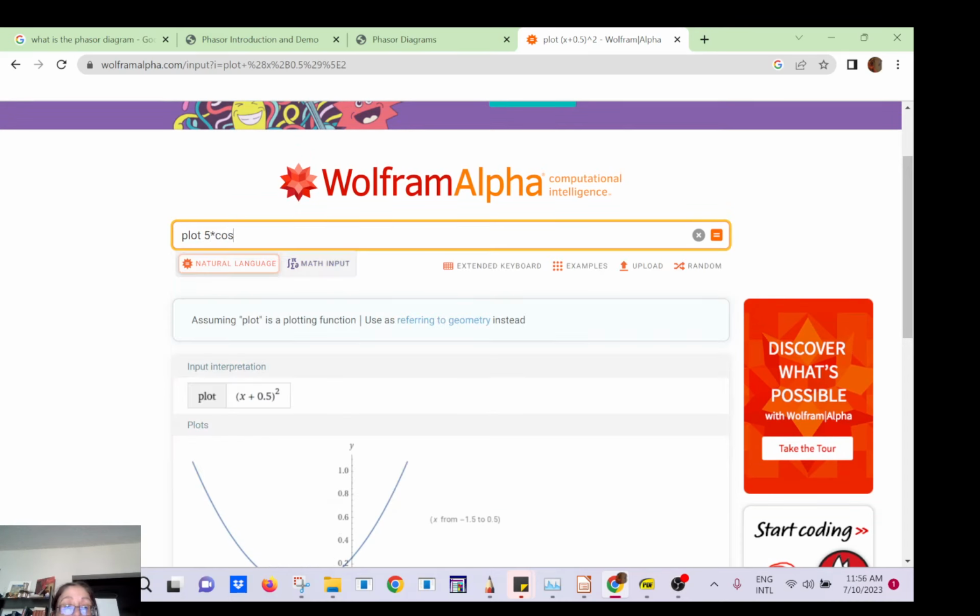Let's see if it works. See, I have the two functions on top of each other because cosine whatever minus 2 pi, cosine whatever plus 2 pi is just shifted by one cycle. So you take the whole cosine function, you shift it by one cycle, so you get the same thing.